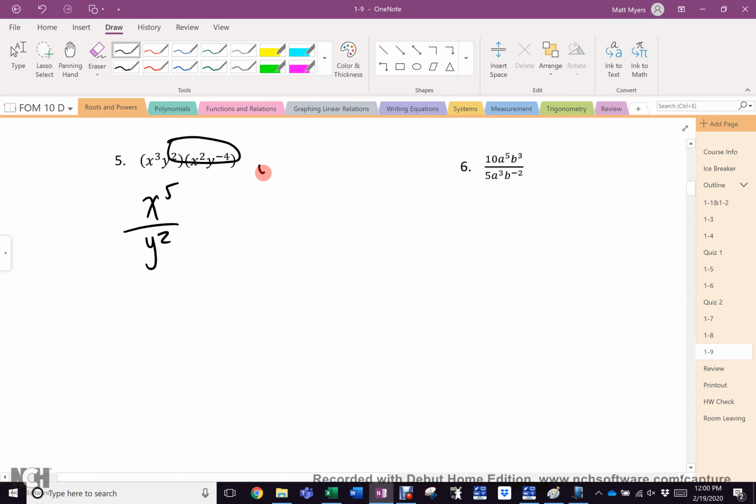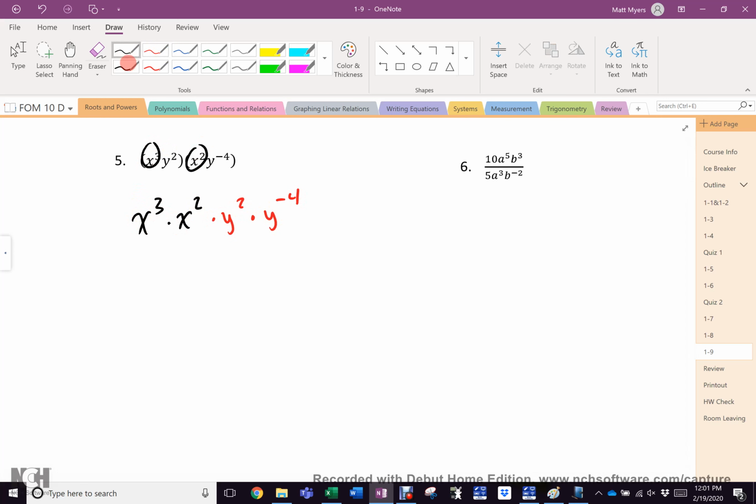Because when I do y, what I have here, Paige, is x cubed times x squared, yes? For these two, agreed? Then I have y squared times y to the negative 4, agreed? Okay, well, this is x, and this is x to get x to the 5th, right?